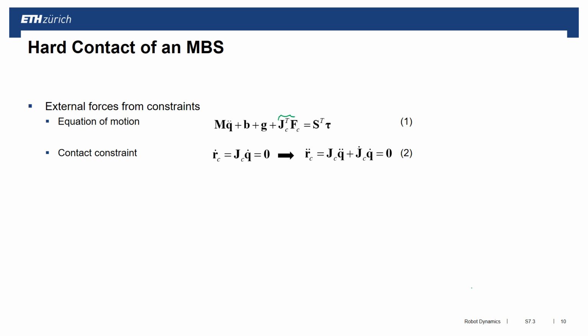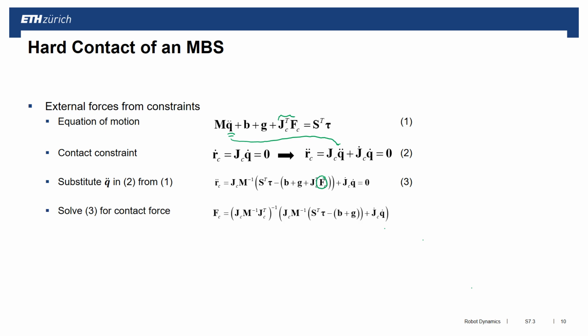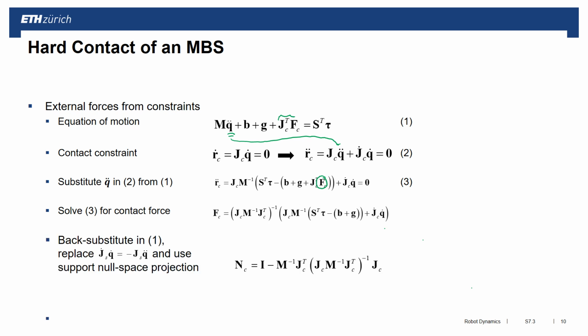Now we can solve this first equation for q double dot and insert it in here, which results in the following equation that again must be 0. And now if we solve this for Fc, we get Fc equal to the following. We can then back substitute this force into this equation of motion and do some rearrangement.